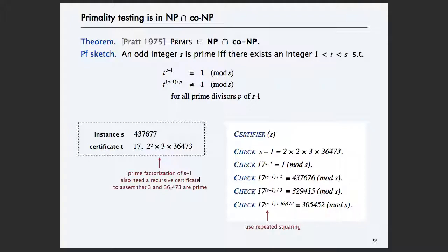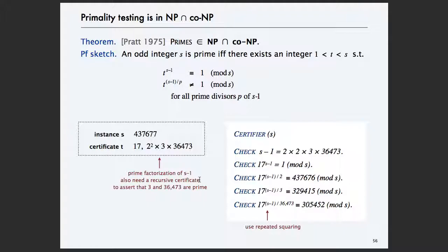But there is this thing that says an odd integer s is prime if there is an integer between 1 and s with those characteristics. And so by giving you those, I can prove that it is prime.